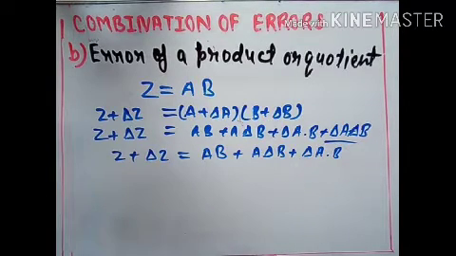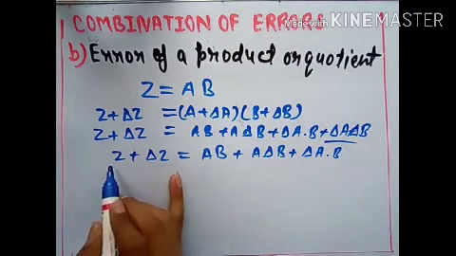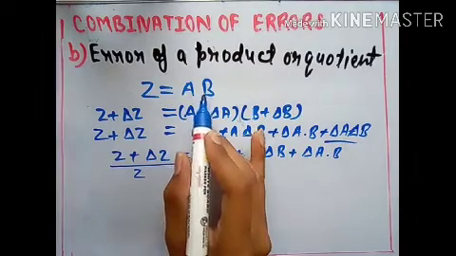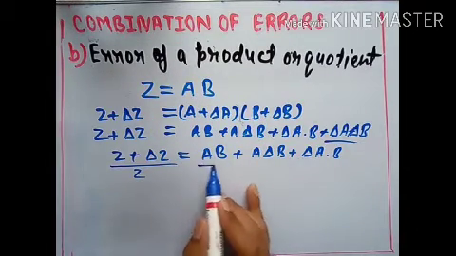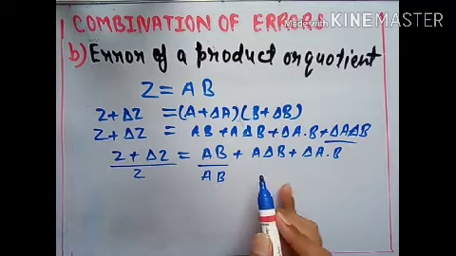Now one more step: divide the whole equation by z. So here we write z, and the value of z is ab, so we divide by ab. There will be no change because z is equal to ab.